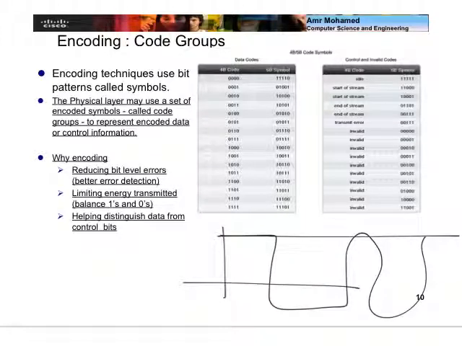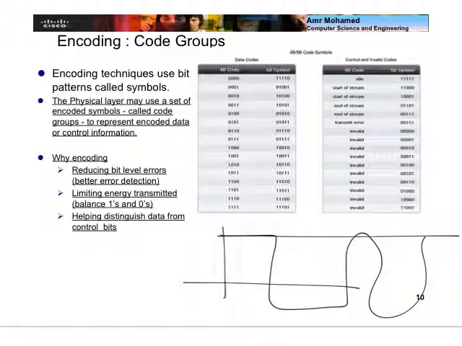So we guarantee that the combination used for start and stop frame will never be used as part of the data because we control that through the encoding and decoding. Okay? So that's another benefit from using encoding and decoding, which makes encoding and decoding a must as part of the physical layer. So these are the 3 major benefits of encoding.